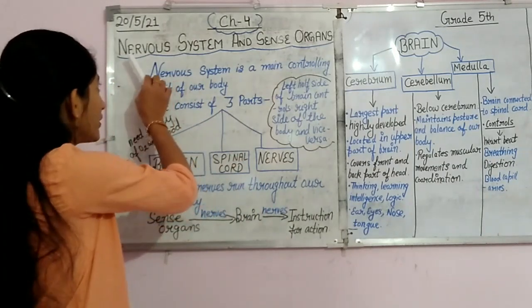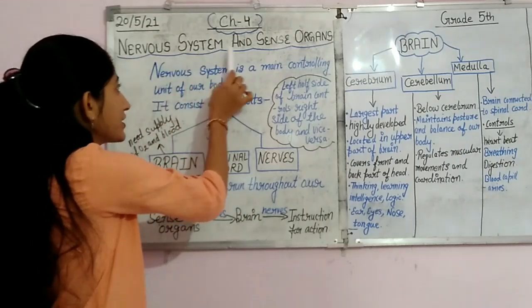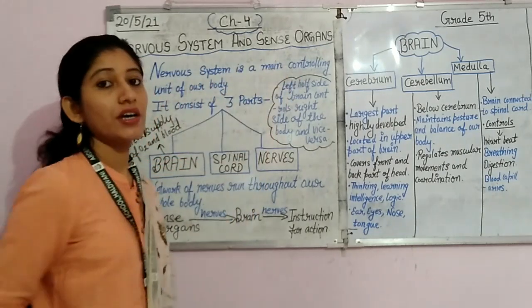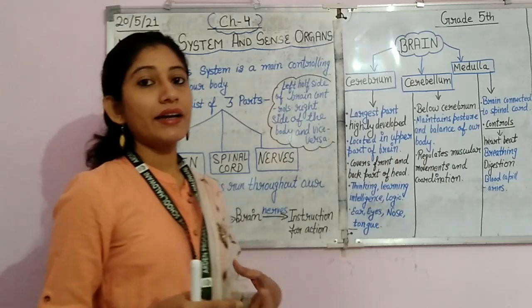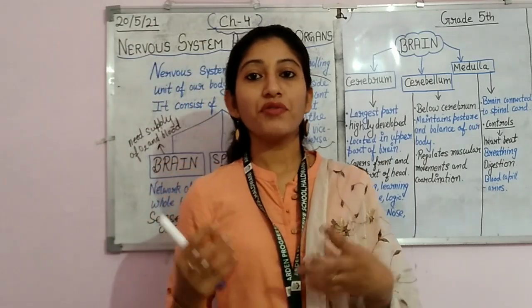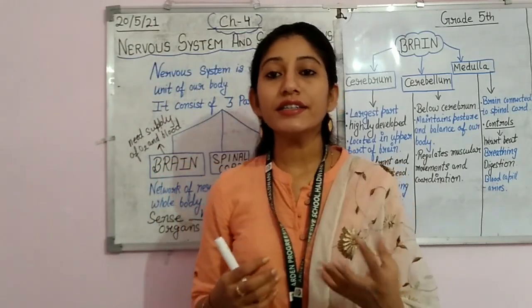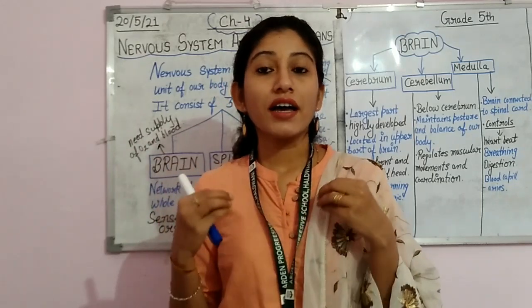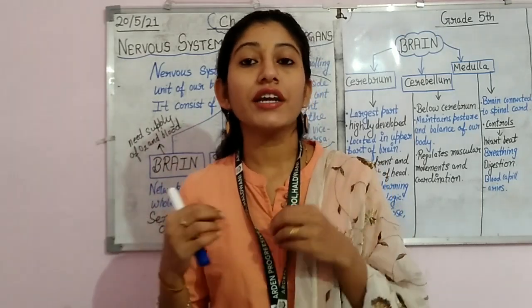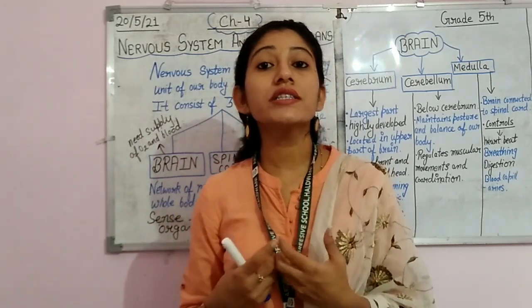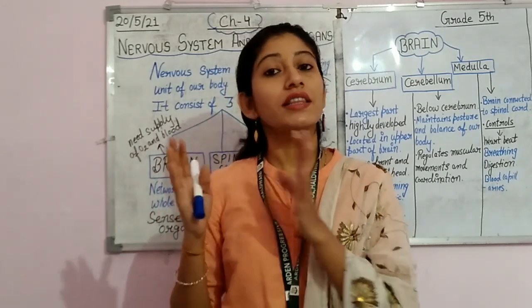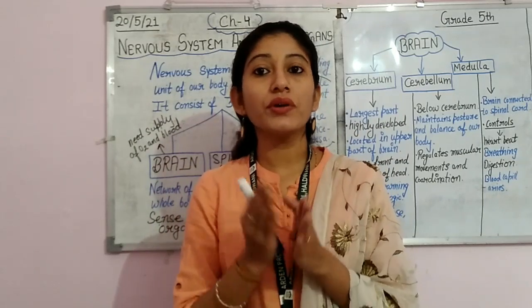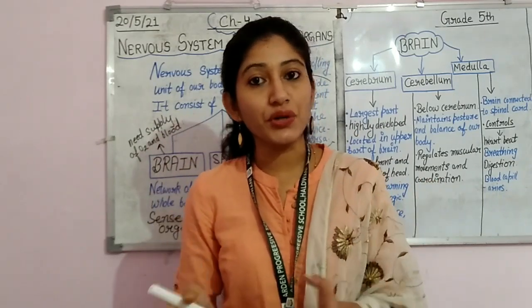In this chapter, students, we will learn how the nerves in our body function and how our sense organs respond to things. All these things we are going to learn in today's video.